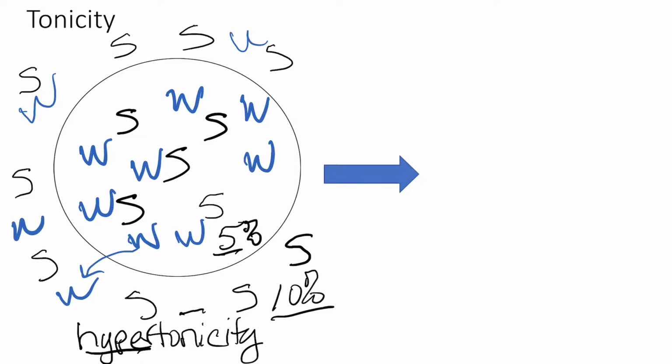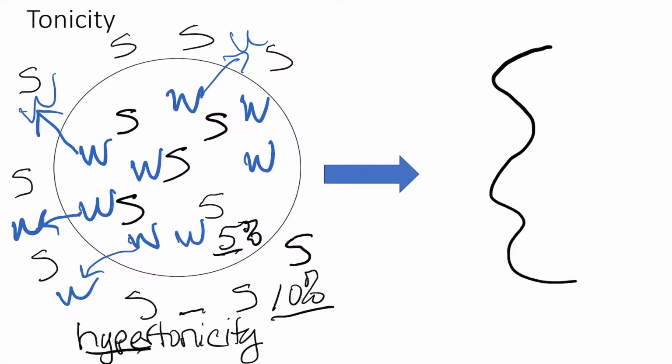So the water comes across the membrane and starts to leave the cell. So if you put a cell in a hypertonic solution, the water will start to leave the cell. And what happens is the cell starts to shrivel up. And what that's called is crenation.